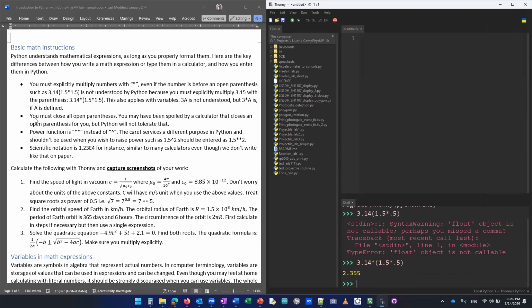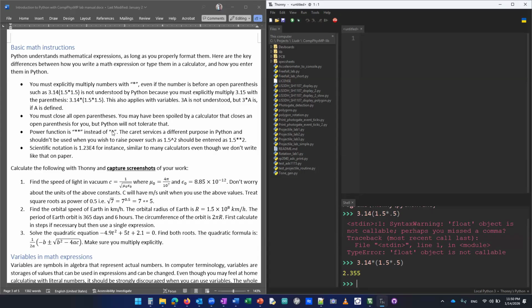Another thing is you have to close parentheses, because this is absolutely necessary. It's also necessary in mathematical expressions, but you may have been spoiled by calculators that automatically close parentheses for you. Python simply doesn't spoil people with that. You have to close any parentheses you open. Also, the power function is slightly different.